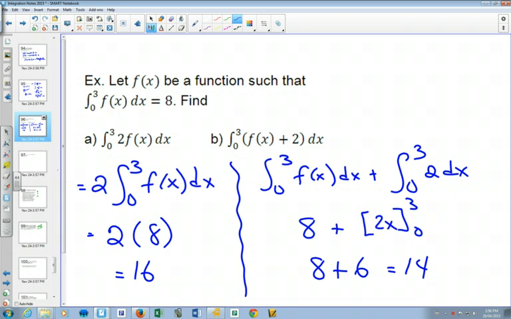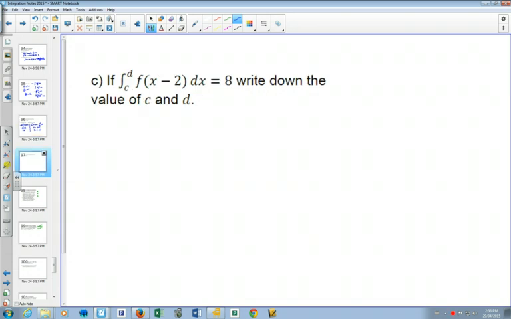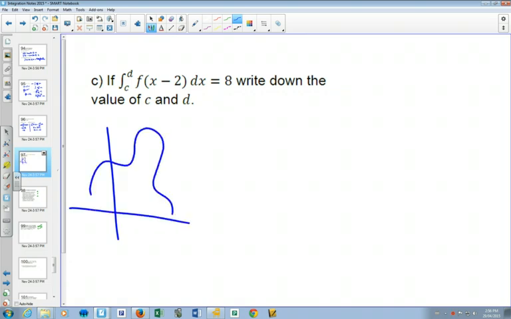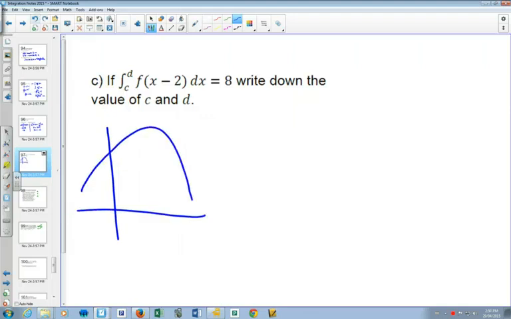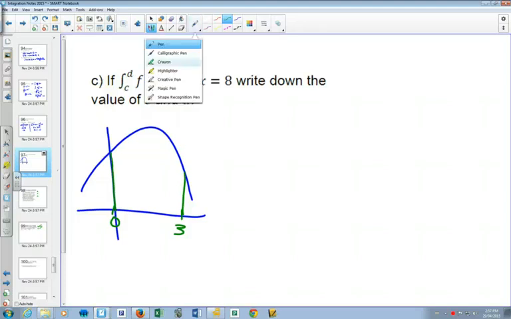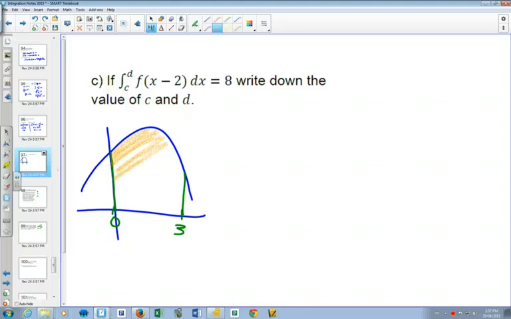And then finally for C here, now we're looking at the same function, but now it's being moved 2 to the right. Visually, we don't know what the function was. Well, that's not a function. Well, we know it was a function. There we go. And we know that from 0 to 3, that area is 8.